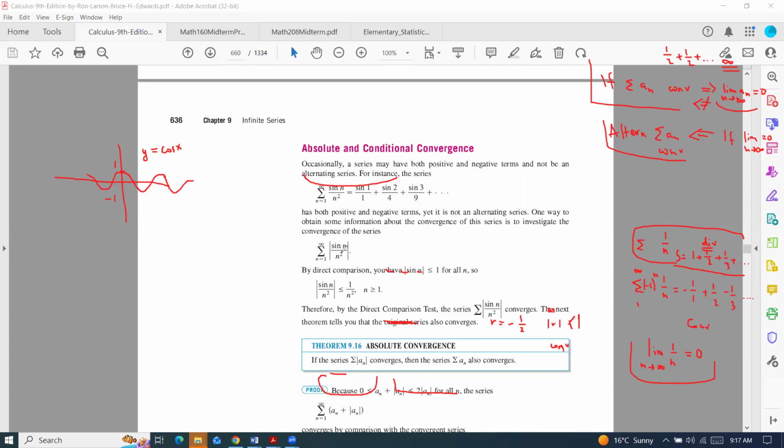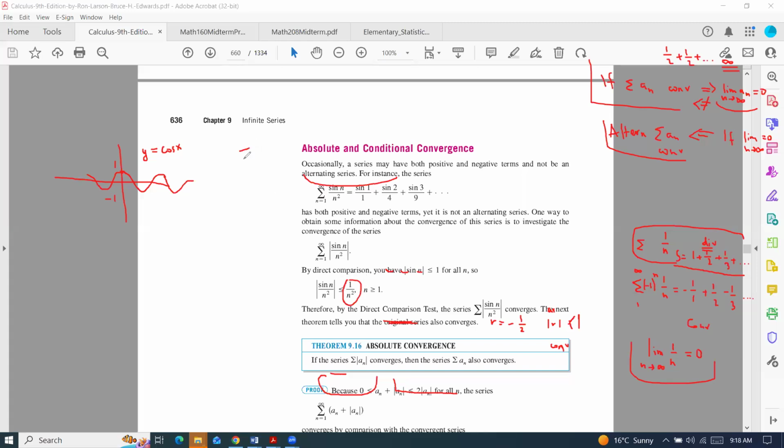And that's why people say if I take the absolute values of this type of series, and that series with absolute values converges, well, then the original series is also going to be convergent. And why is that? Well, because we see that this is analogous to another convergence, the so-called p-series.